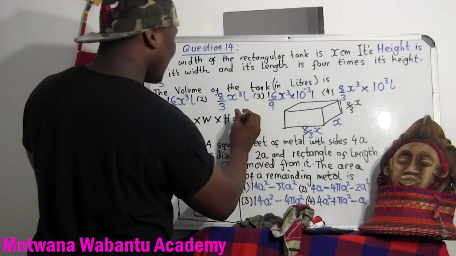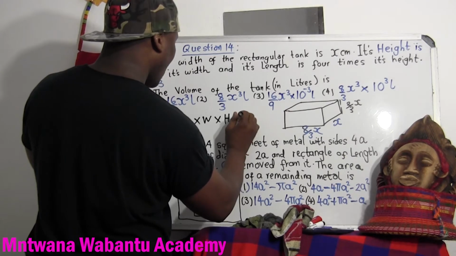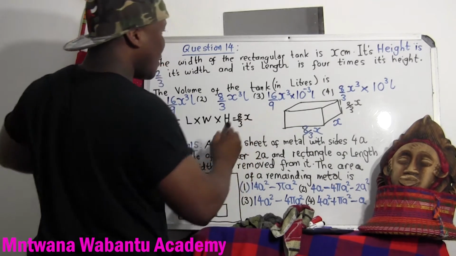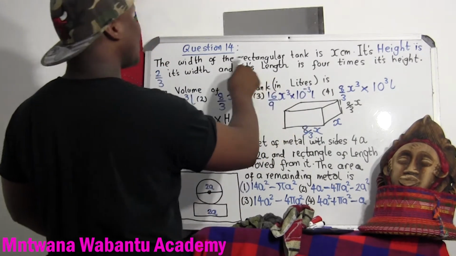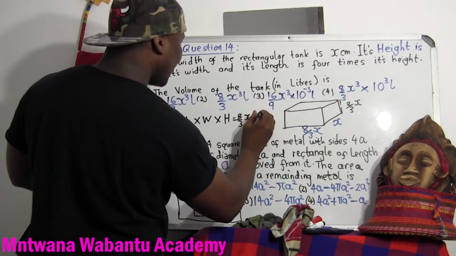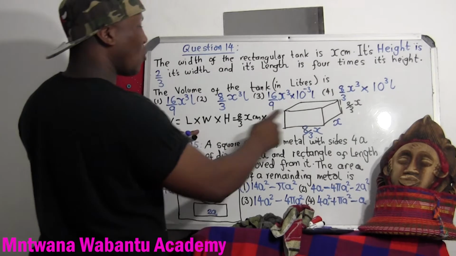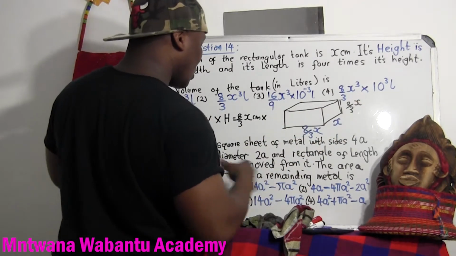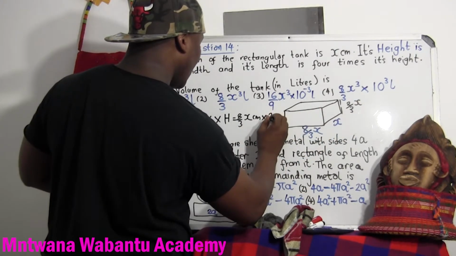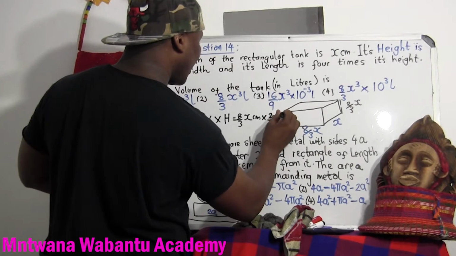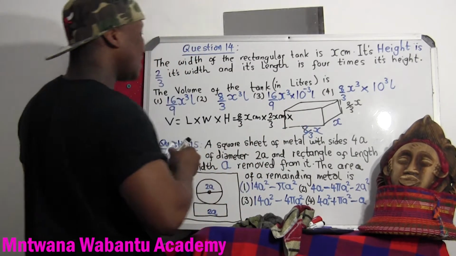The length is 8/3x centimeters, because everything is in centimeters. You multiply by the width, which is x centimeters, and then by the height, 2/3x, also in centimeters.